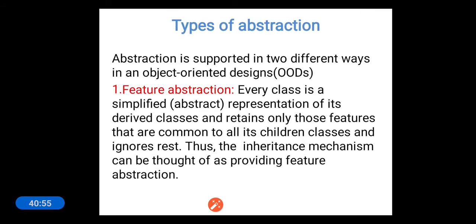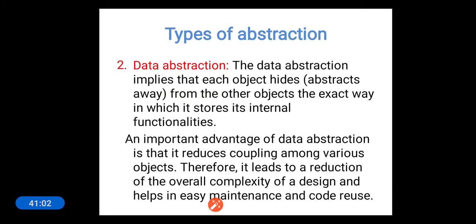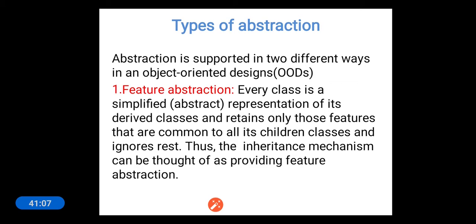In object-oriented design, abstraction can be implemented in two different manners: feature abstraction and data abstraction. Coming to feature abstraction, here every class is a simplified representation of its derived classes and retains only those features that are common to all of its child classes and ignores the rest. That means in a parent class we can see all the common features that are available in its child classes. That is a kind of generalization.